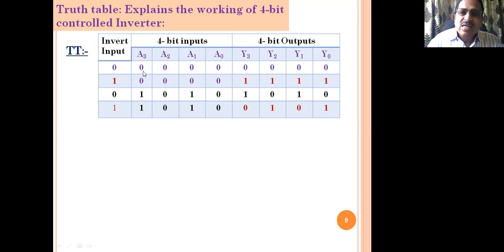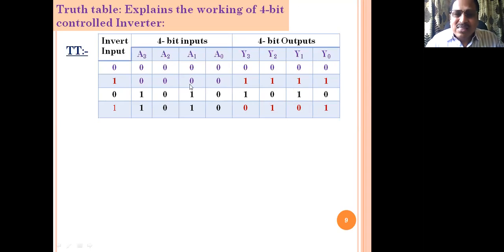But keeping the same input 0, 0, 0, 0, if this time invert is at logic 1, then every bit will get inverted. The resultant output is 1, 1, 1, 1 for the input of all 4 zeros, because of inversion.